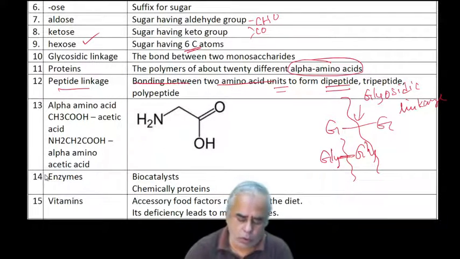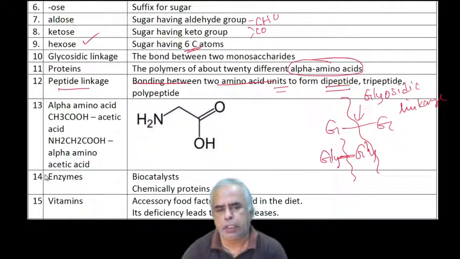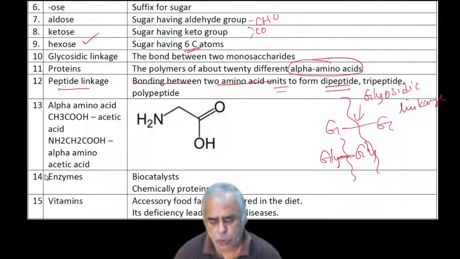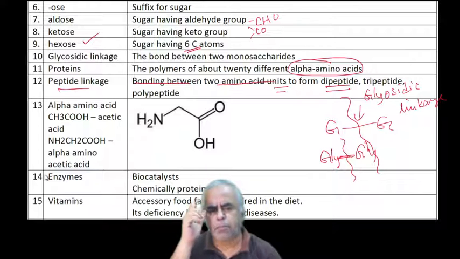Then let us introduce the enzyme. As you know, enzymes are biocatalysts. So they are generally chemically proteins, but they are capable of activating particular reactions. The speciality of biocatalysts is they are very, very bond specific.